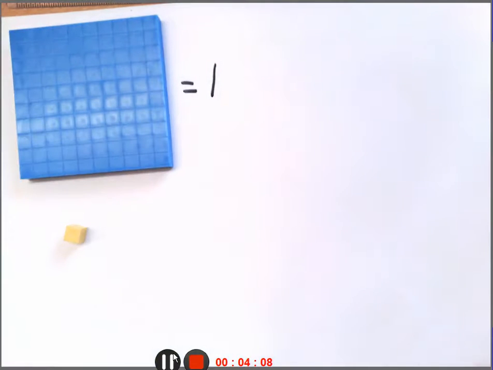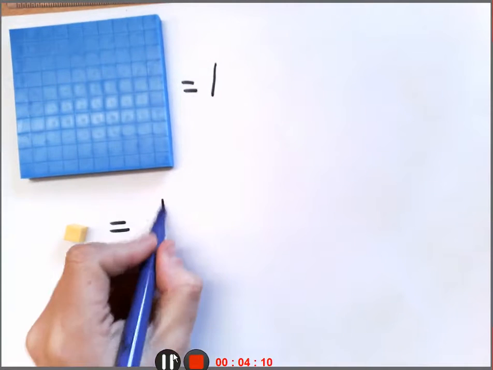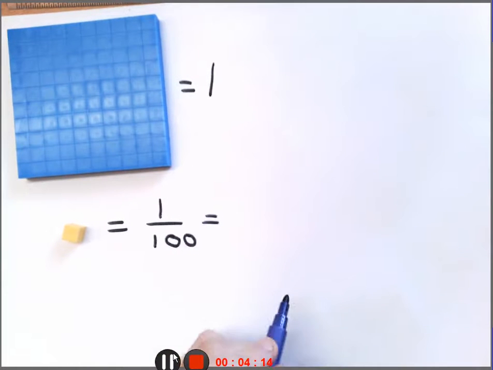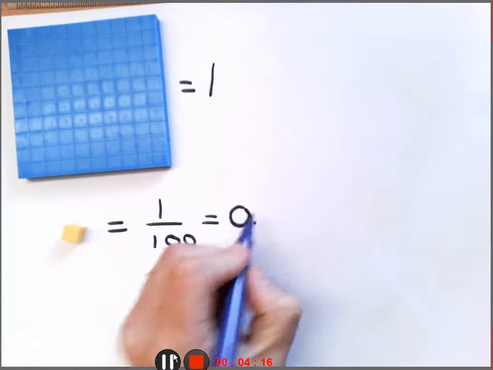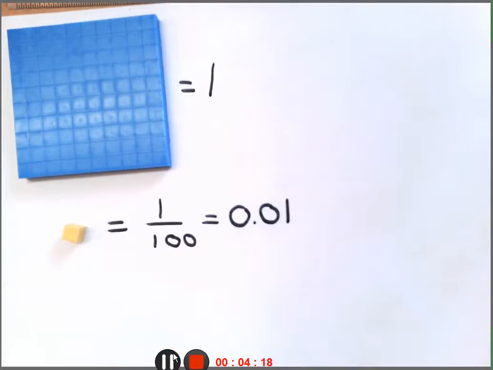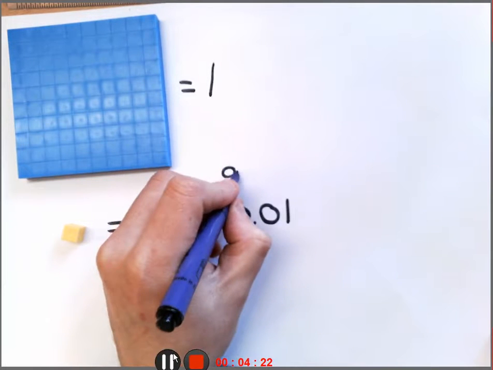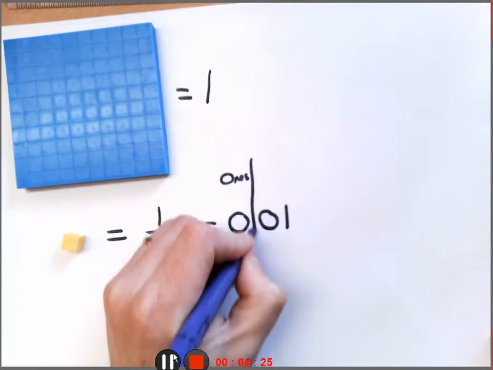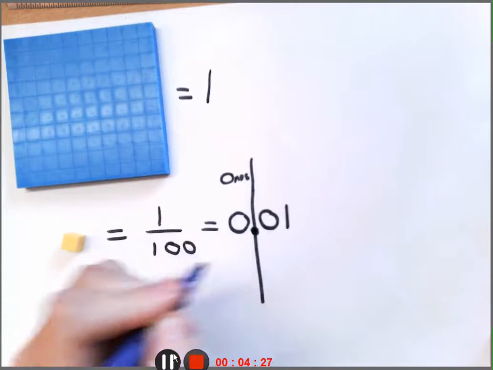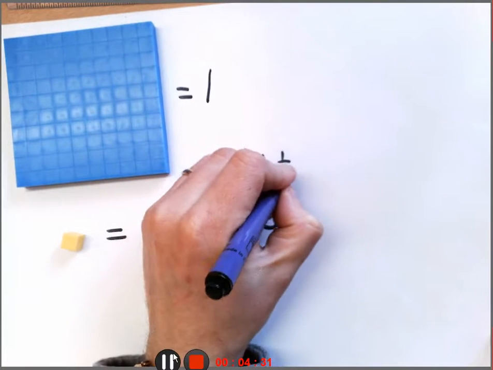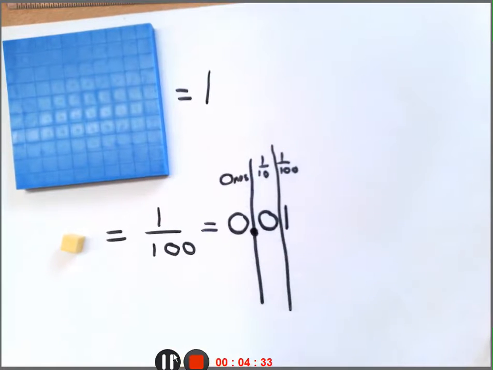So when 1 whole has been split into 100 pieces, we call it a hundredth. Or as a decimal, I would call it 0.01, because this column is for ones, this column is for tenths, and this column is for hundredths there.